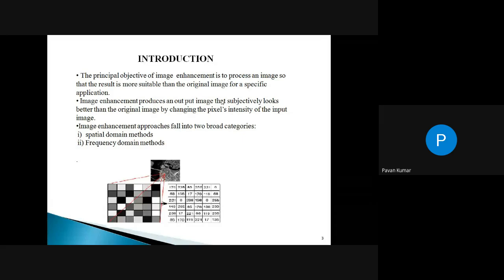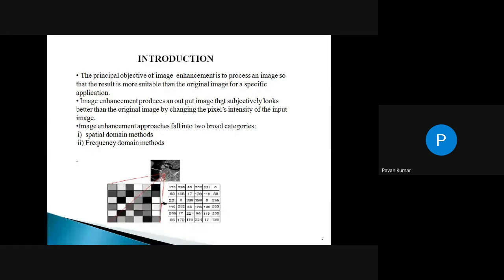Image enhancement emphasizes specific image features such as contrast and brightness, or suppresses noise, sharpening or smoothing. Based on the specific feature, the enhancement method will work.